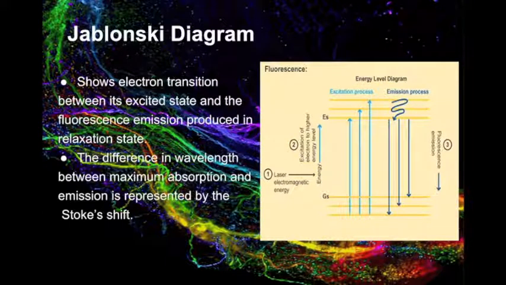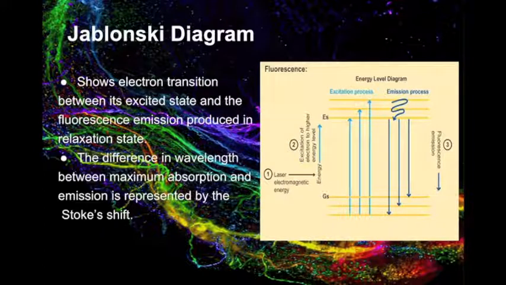A simplified Jablonski diagram shows electron transition between ground state to excited state. In the excitation process, light excites ground state electrons to a higher energy level. Then, at the emission process, the electron relaxes back to lower energy levels, producing fluorescence emission.